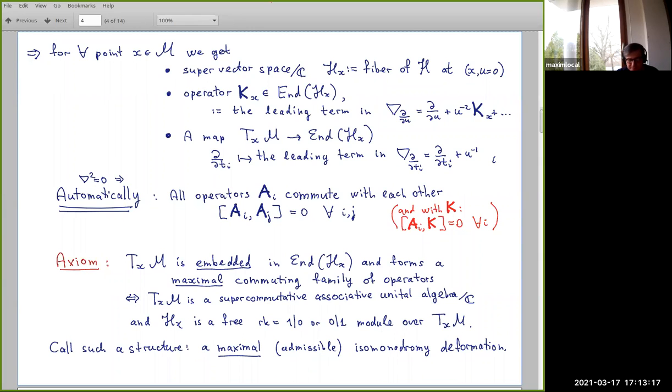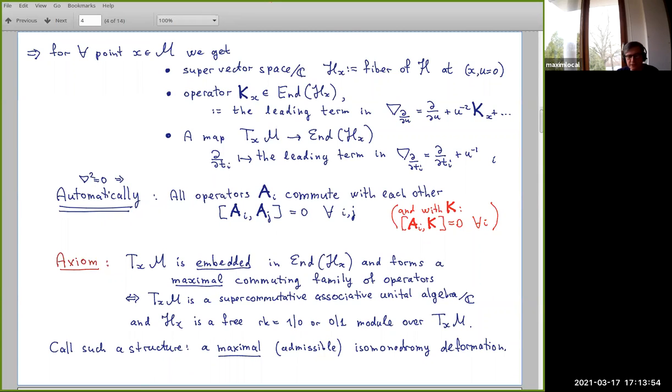And then, because it's maximal, the space is also a free module of rank (1,0) or (0,1), because we're in the super world, over this algebra. So we get this commutative algebra and a free rank 1 module. We do not choose any generator. And you see that here the story has two flavors, which are completely irrelevant for what I'm talking about later, but still there's odd and even, because this free module could be of two types.